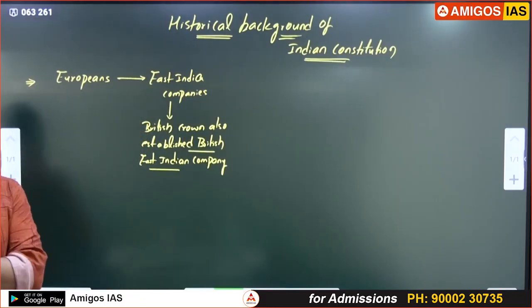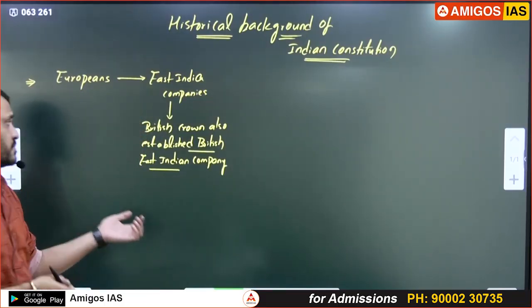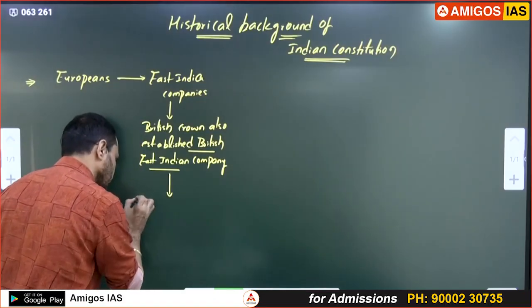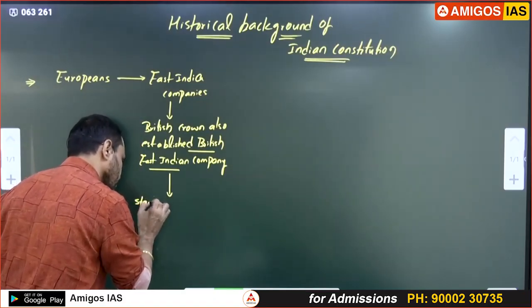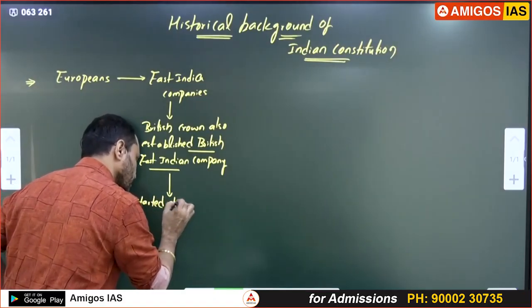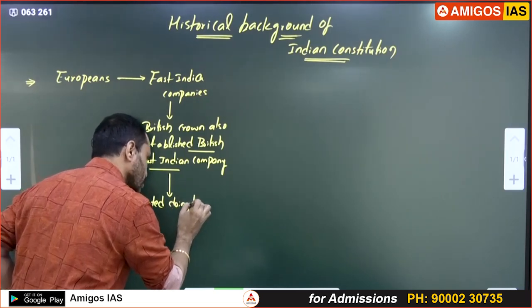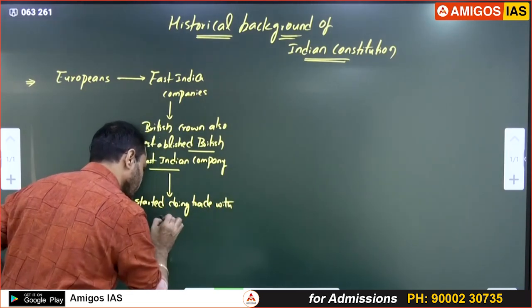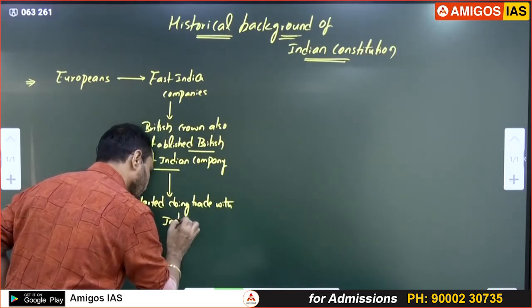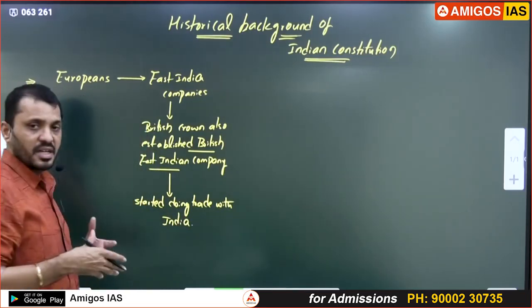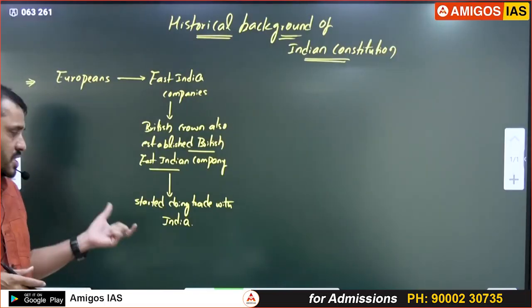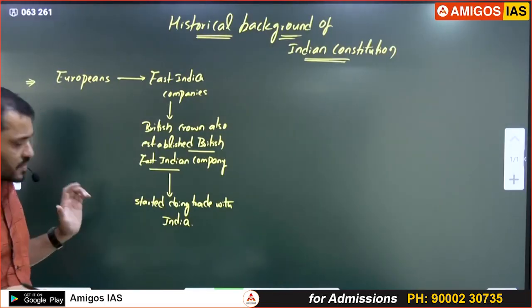These are private companies, more or less. This British East India Company started doing trade with India. Initially the Indian ruler Jahangir did not give permission. Later, Jahangir gave the permission, and they started doing trade with India.